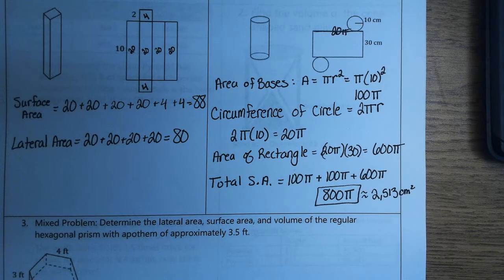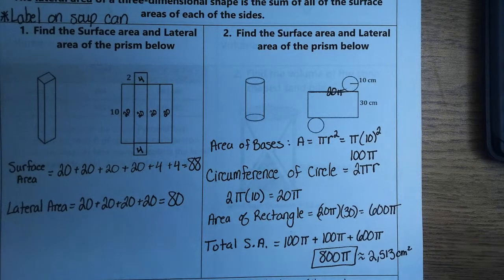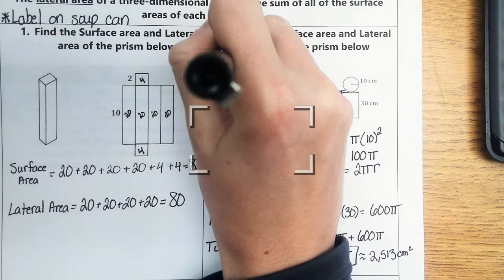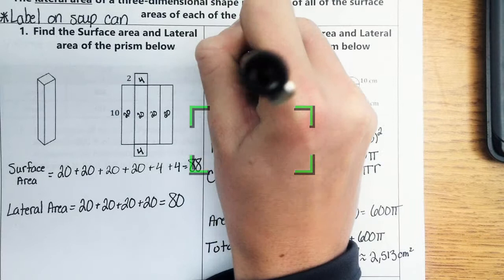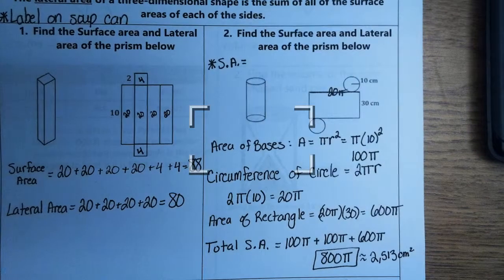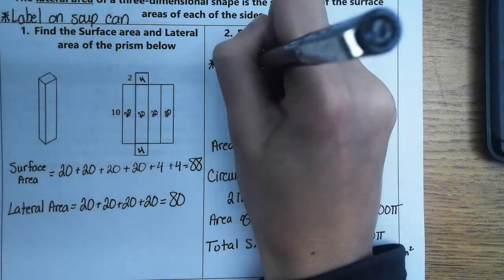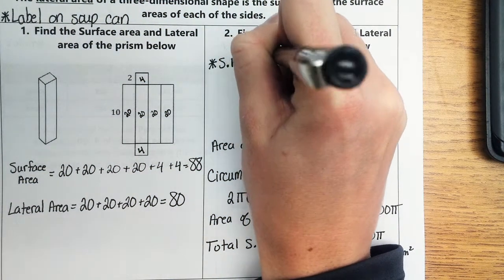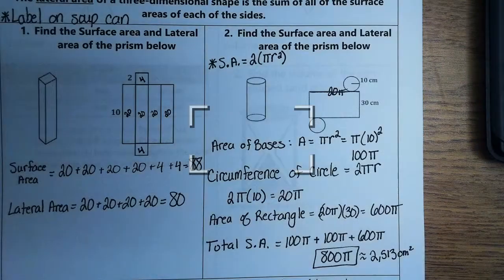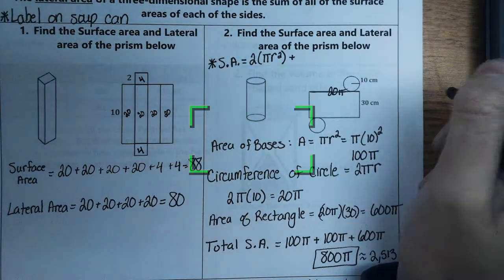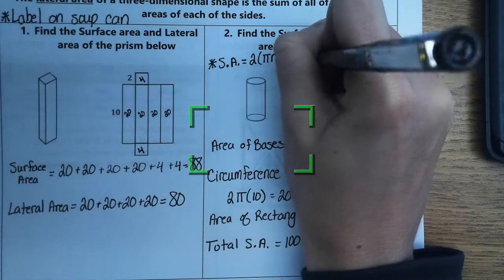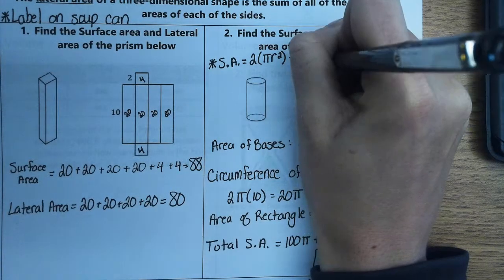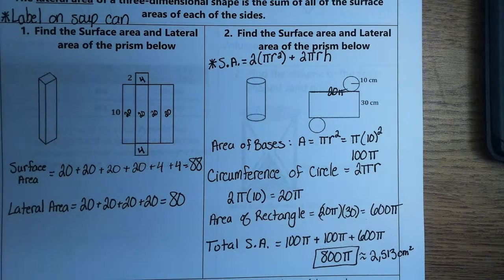We technically have a formula for the surface area of a cylinder, and I'm going to put that up above. Surface area is equal to two times the area of the bases, pi r squared, plus the circumference, 2 pi r, times the height, h. It's a long formula.